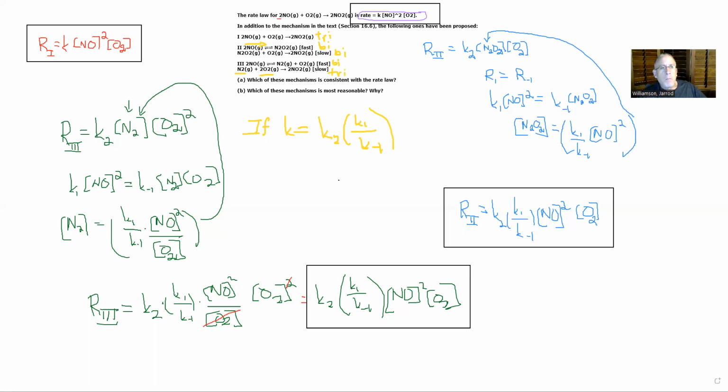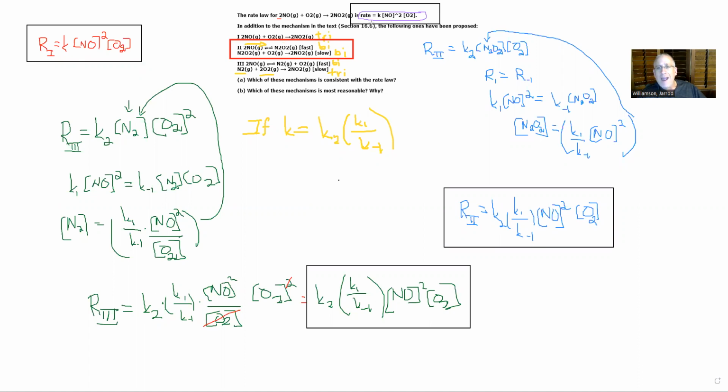So the one that's most reasonable is going to be this one, because bimolecular in each step is much more likely. That's 2 molecules colliding with each other, much more likely than 3 separate molecules all colliding at the same time at the same orientation.